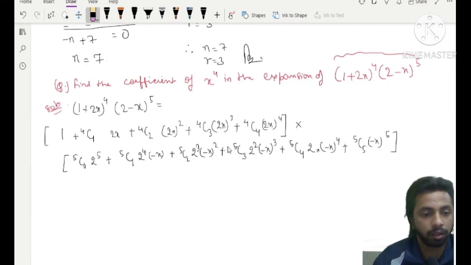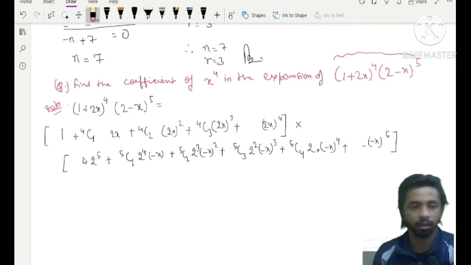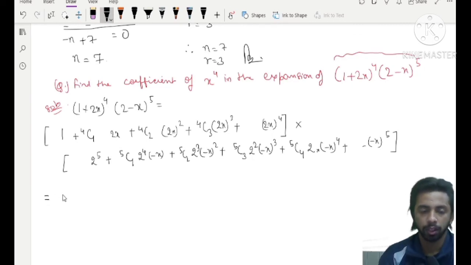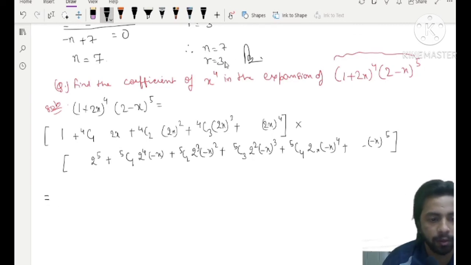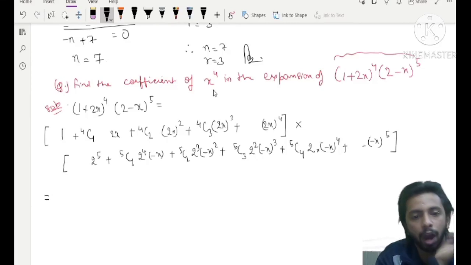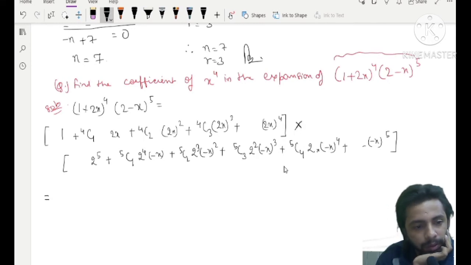The value of 4c4 is also equal to 1 only, 5c5 also, and 5c0 also. You have to find the coefficient of x to the power 4. Okay. So in how many ways after finding the product of these two things you can obtain x to the power 4? That is the question.